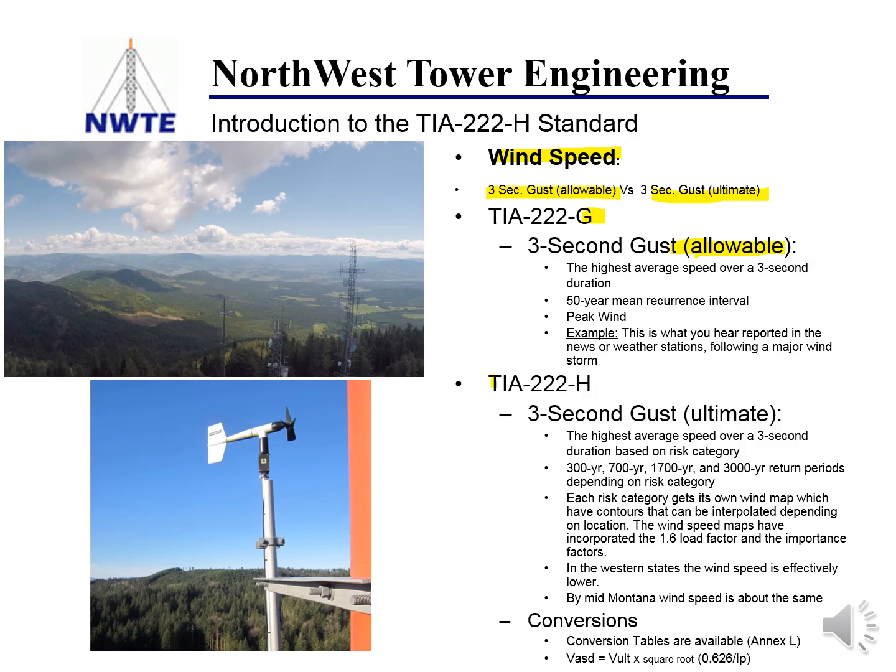But now under H standard, they decided to go with something called an ultimate approach. And just to be clear, ultimate is an engineering term. It doesn't mean it's the ultimate wind speed possible. So what the ultimate wind speed does is they actually took the allowable wind speed maps there, and they incorporate a 1.6 load factor and also the importance factor.